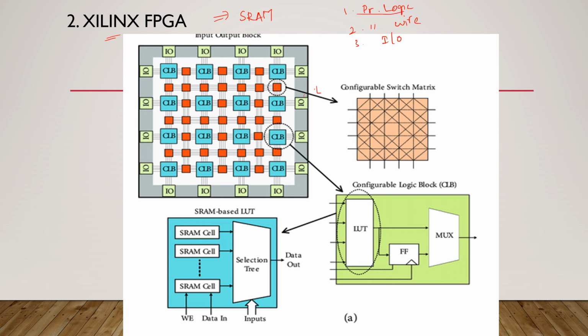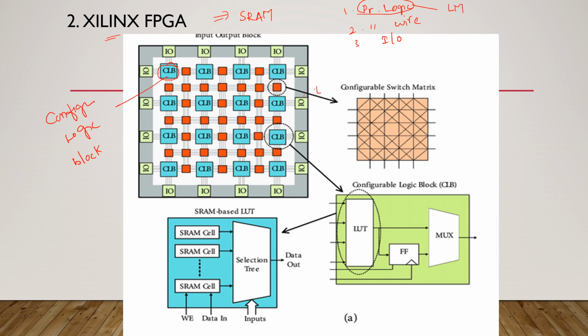The programmable logic cell, which we call the logic module in the actual FPGA, we call a CLB in the Xilinx FPGA. CLB is nothing but the configurable logic block, the basic unit cell present in the Xilinx FPGA.